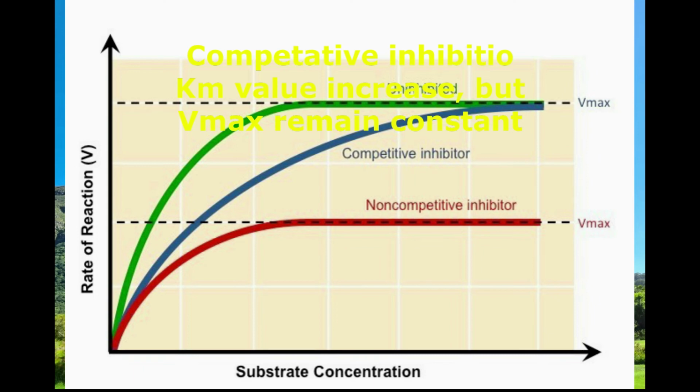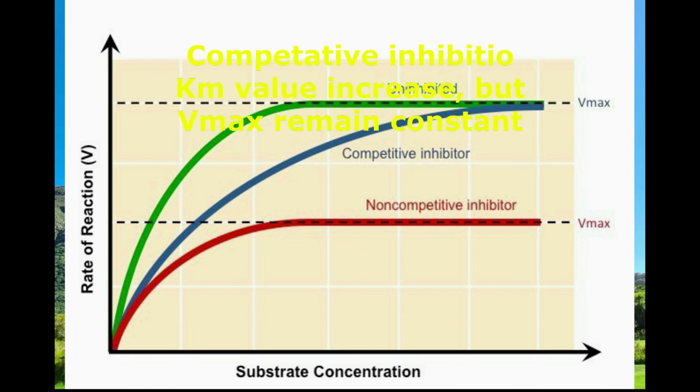So the Km value is increased, and the enzyme activity is decreased or inhibited. In the case of competitive inhibition, Vmax remains constant, but the Km value is increased.